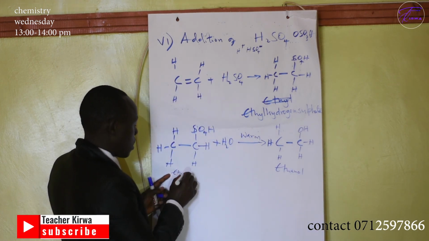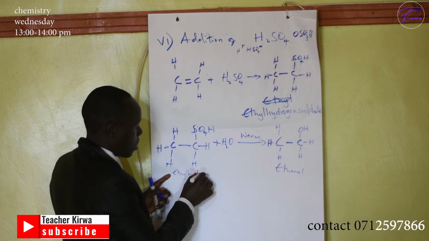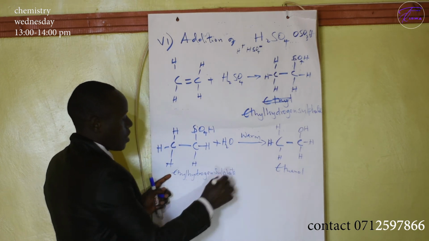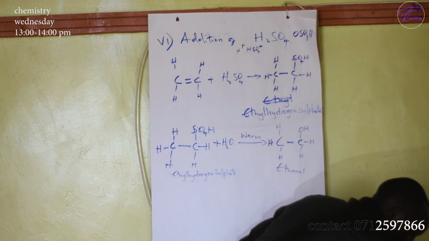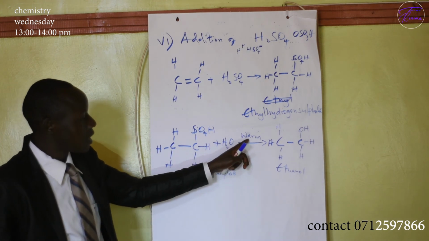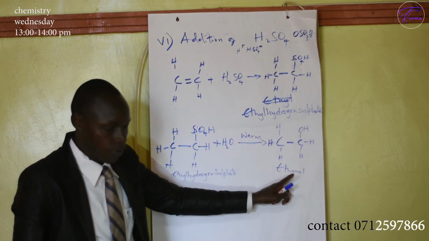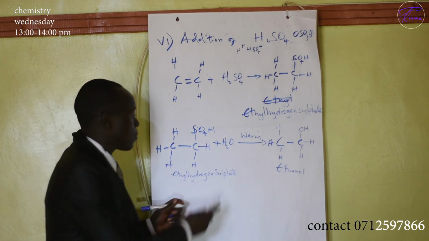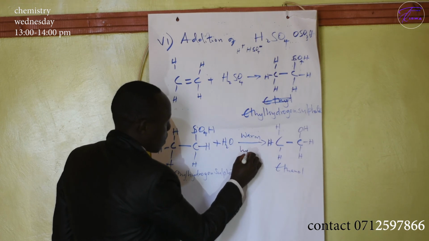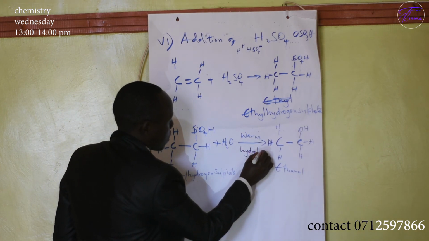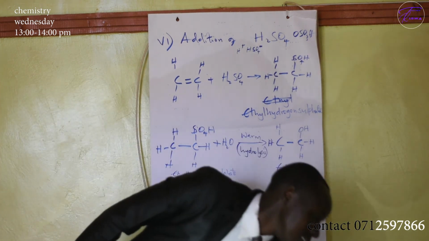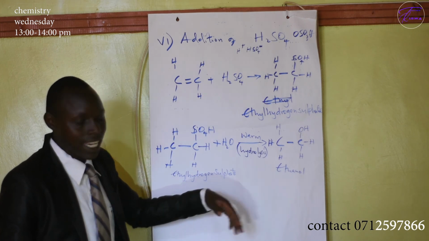So when you have that ethyl hydrogen sulfate, add water and a little warming is done, then it forms ethanol. This process here is referred to as hydrolysis, and it is the exact opposite of dehydration.